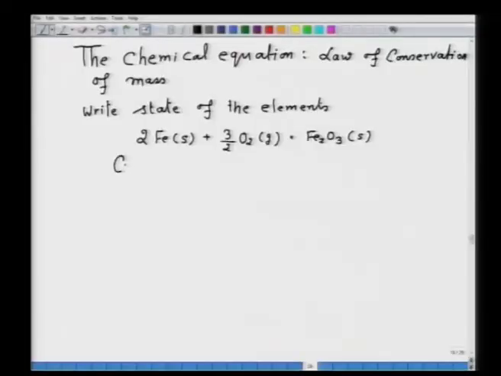Now, similarly, for example, if I write Cu2S, typically the copper sulphide for production of copper, that is in the liquid state you have. So, you write it in liquid plus it is oxidized with oxygen, which is in the gaseous state. So, you get now 2 Cu, that is liquid, plus SO2.